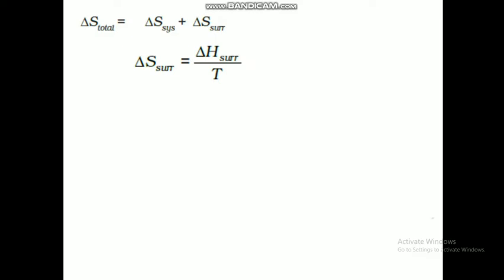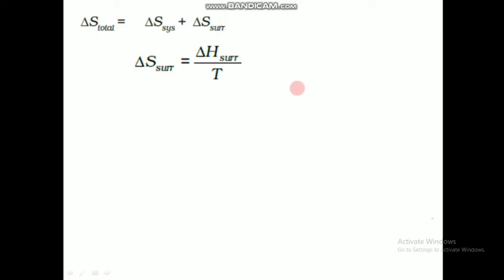So the entropy change of the surrounding will be equal to the enthalpy change of the surrounding by temperature.